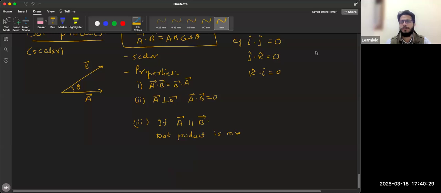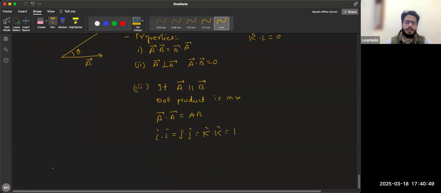If vectors are parallel, the angle is 0 degrees. So A dot B will be AB only, because cos 0 is 1. So i dot i will be equal to j dot j will be equal to k dot k, equal to what? 1, if you have parallel vectors.